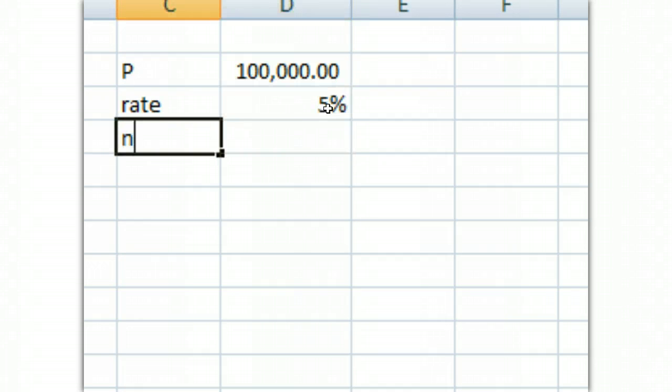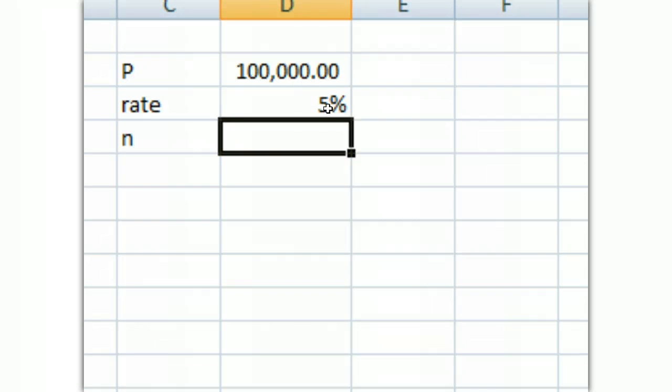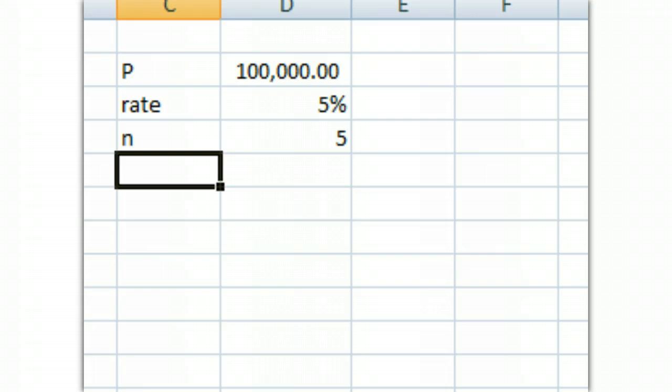The number of periods, let's leave it at 5, and we're going to compute the same amortization table we had in the previous video. If you have not seen it, please see the theory on the amortization tables.